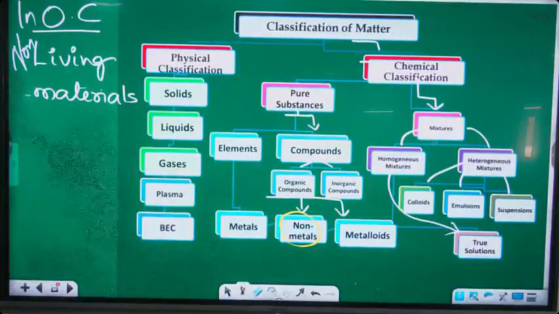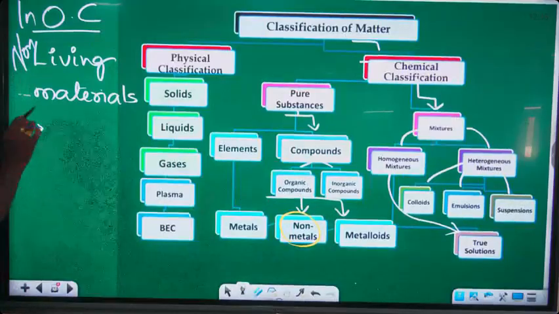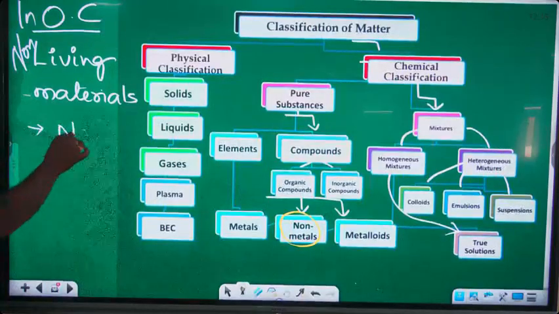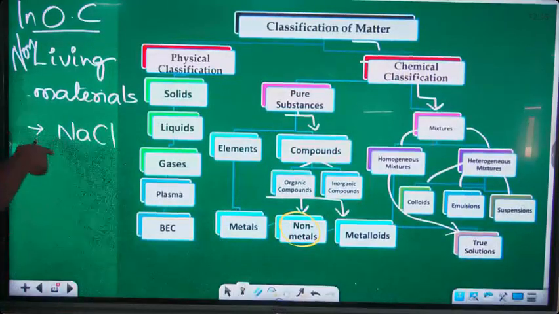It is not happening there. So water is always a non-living material. What about soil? Non-living material. So from water, what do we get? The best example you talk about, sodium chloride is obtained from seawater. It is an inorganic compound.